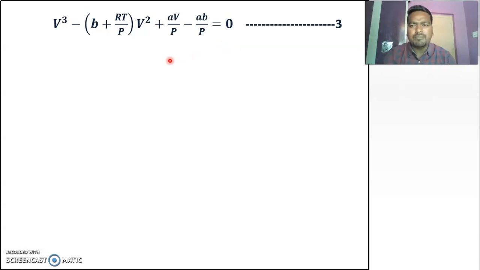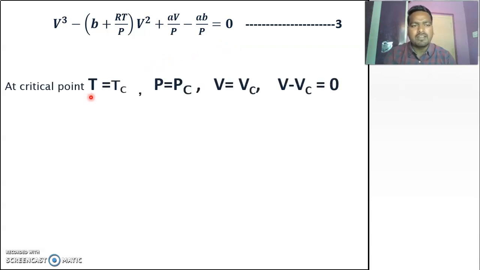Then at critical temperature, so at critical condition, what happens? The temperature is equal to Tc, that is, it becomes the critical temperature, and the pressure of the gas is equal to the critical pressure, and the volume of the gas is equal to Vc, because we are deriving an equation for critical constants.